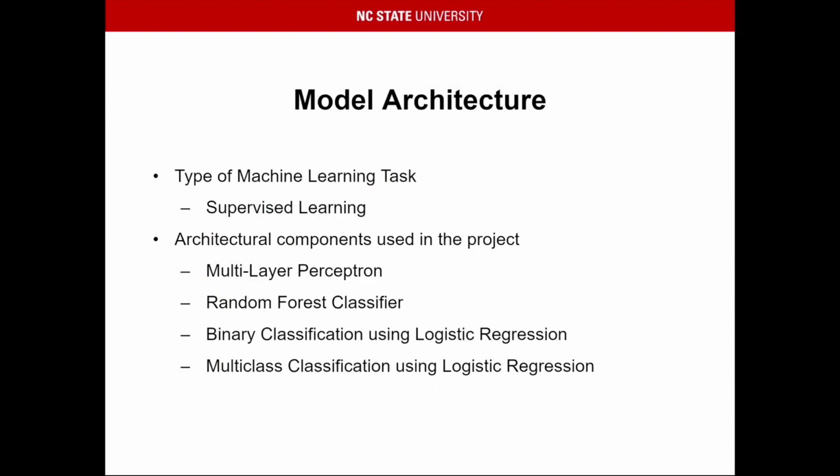So we used multiple architectures and different types of classification. So first we are detecting if the packet was part of an attack or not, and then we are detecting which attack group the attack was part of, and finally the individual attack itself.